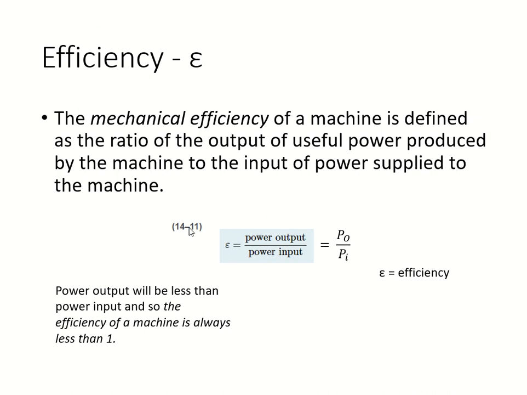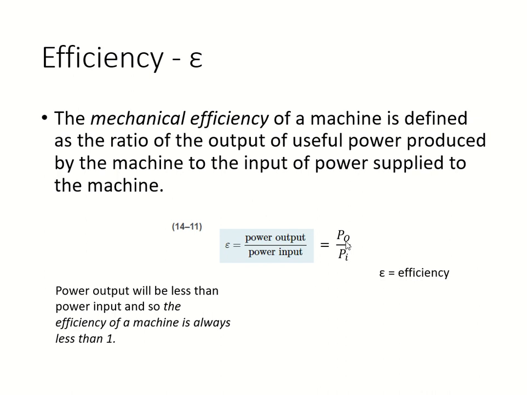So if we have to define it formally, the mechanical efficiency of a machine is just a ratio. It's the useful power output produced by that machine, over the amount of power supplied to the same machine.